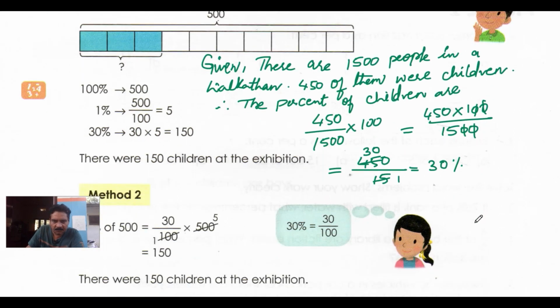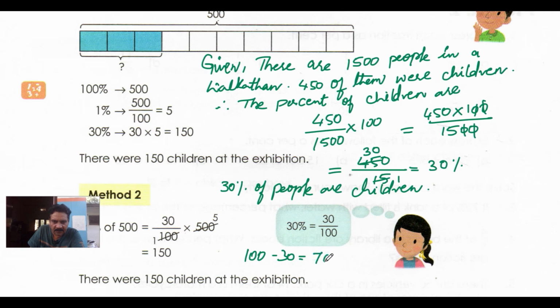So 30% of people are children, and 100 minus 30 is equal to how much? 70.